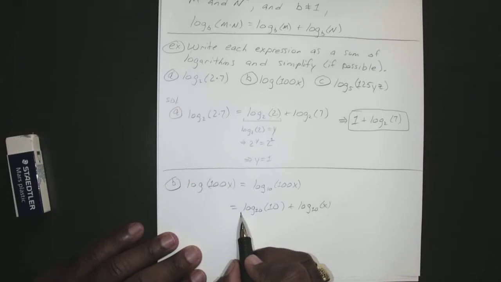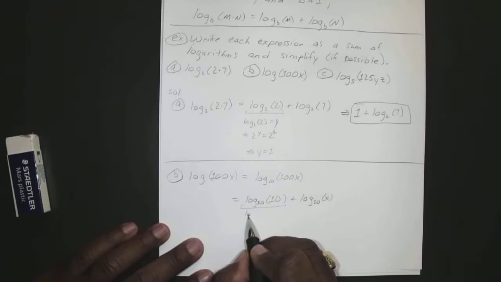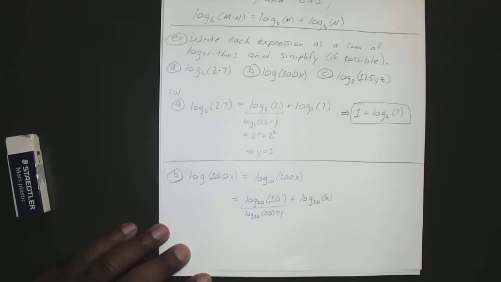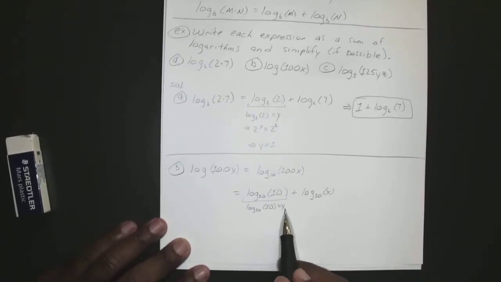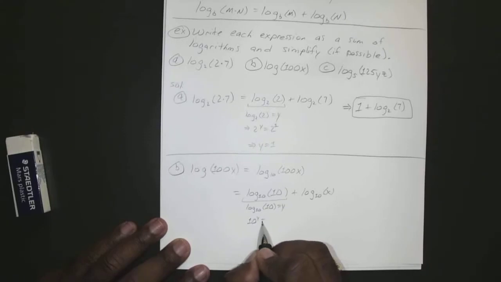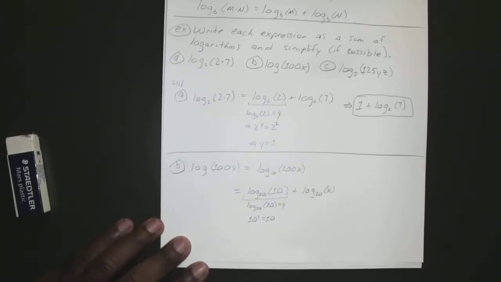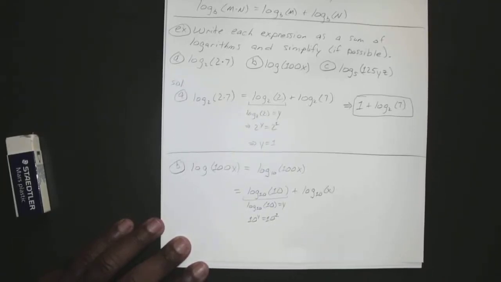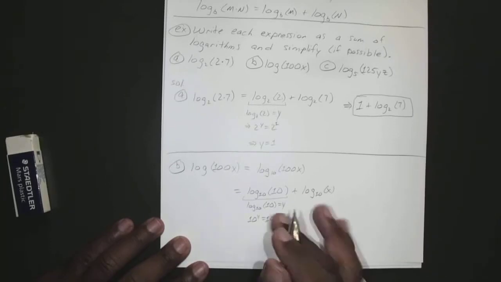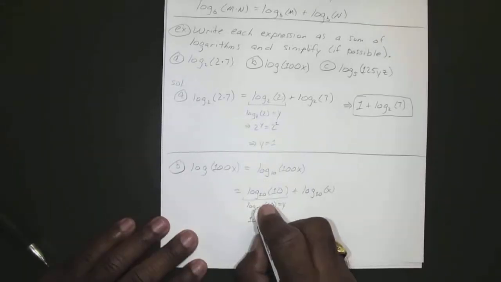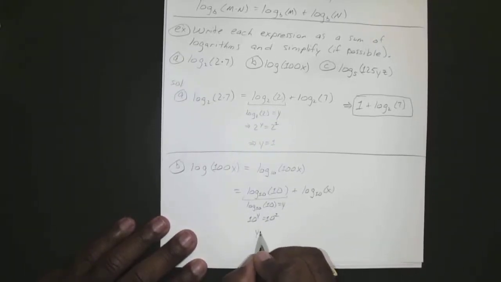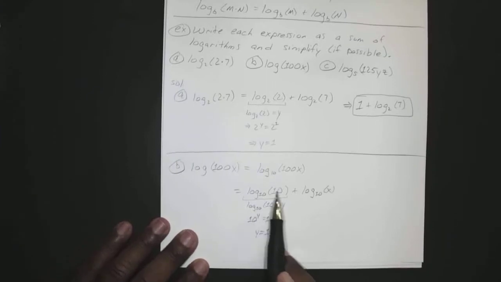So log base 10 of 10, you can actually simplify that one. Because if you make log base 10 of 10 equal y, 10 to the power of y equals 10. So you know 10 is the same as 10 to the first power. So we know y is equal to 1. So we know log base 10 of 10 is equal to 1.